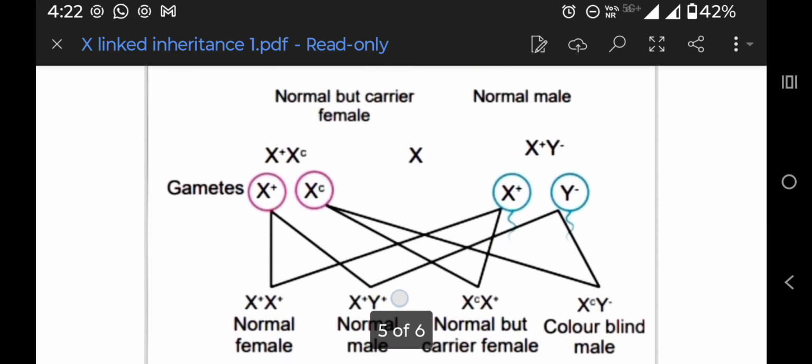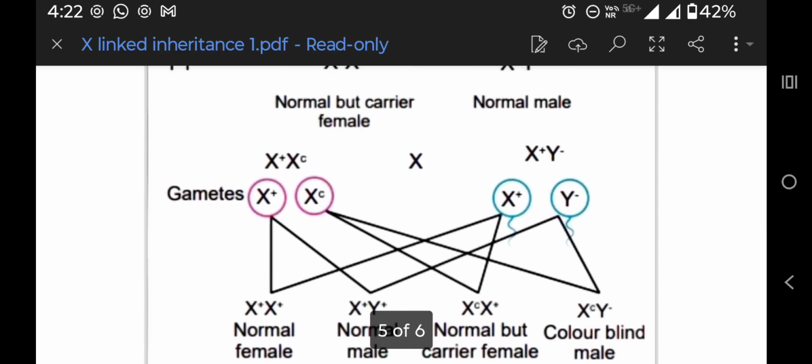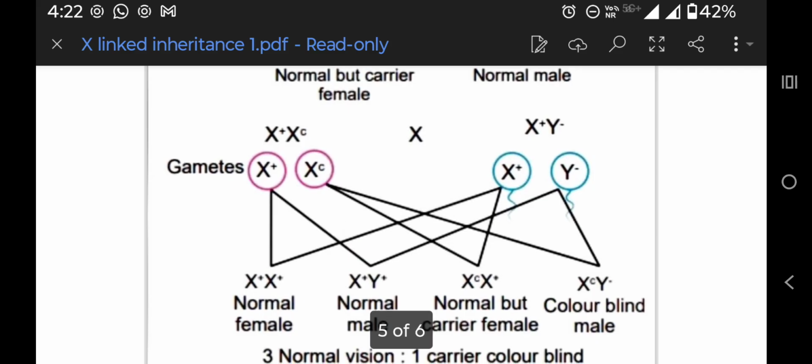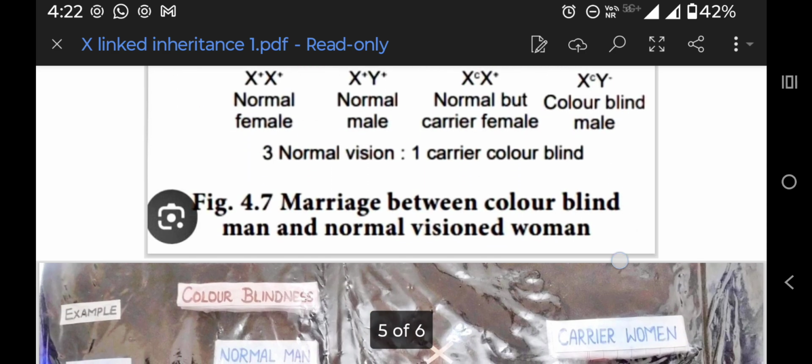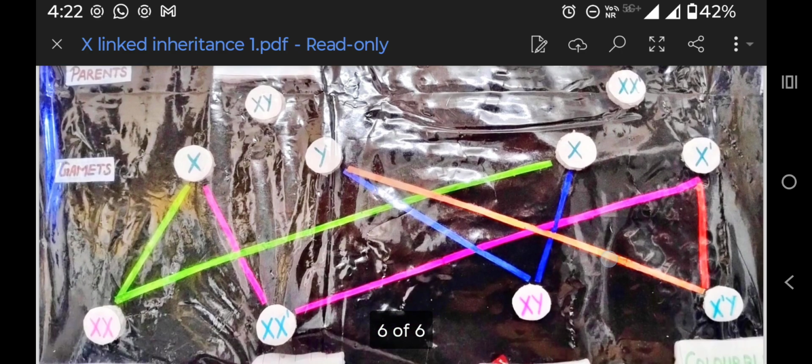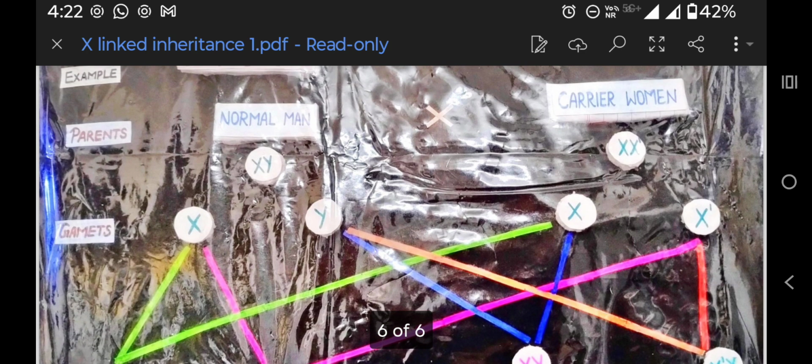So you can see that if the female is a carrier, then there is a possibility of a colorblind male. If the male is normal, even then there is the possibility of a colorblind son because the female is a carrier. And if the female is a carrier, then one female will be normal and one female will again be a carrier.